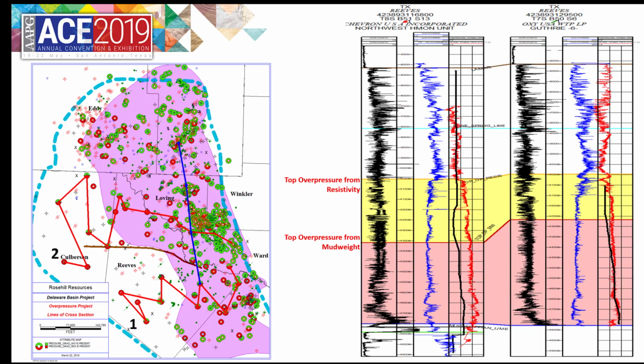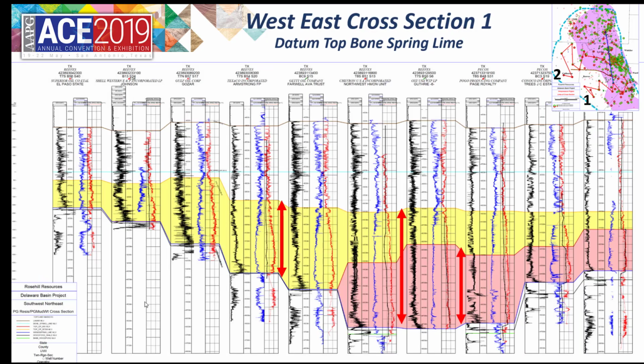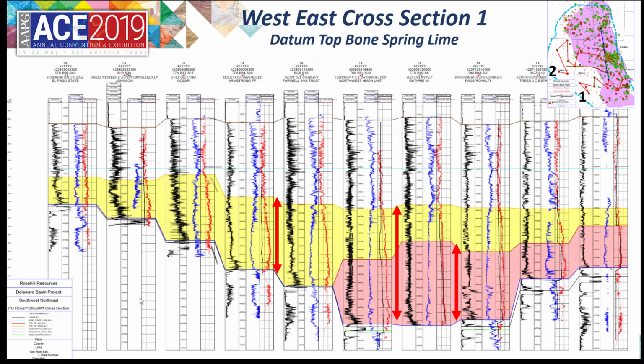Okay, this is actually the line of cross-section that was on a previous slide, but let's look at a couple of these cross-sections across the Delaware Basin. This goes across the southern Delaware Basin from kind of the Alpine High area down into the overpressured. So I have top of overpressure defined here. Once again, this is gamma ray and resistivity.